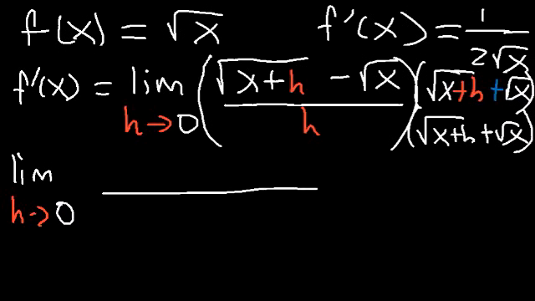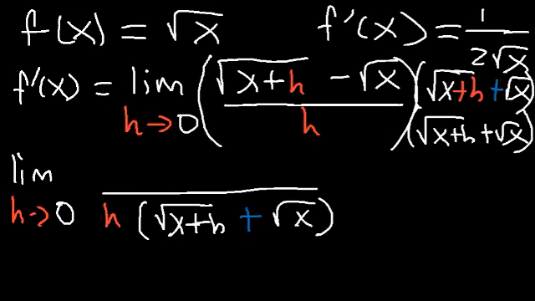On the bottom, it's simply going to be h times radical x plus h plus root x. On the top, we need to FOIL. What is radical x plus h times radical x plus h? The radicals will cancel, and you're simply going to get x plus h.